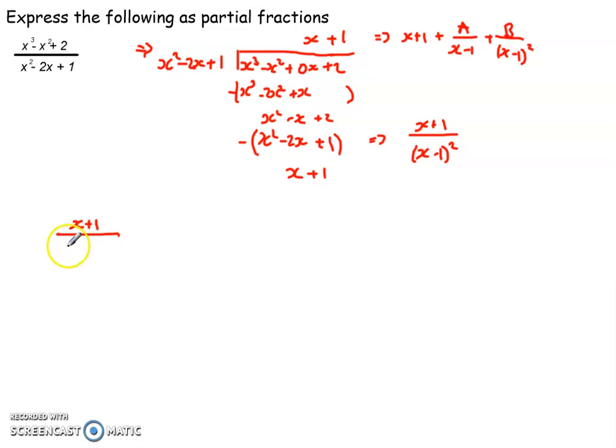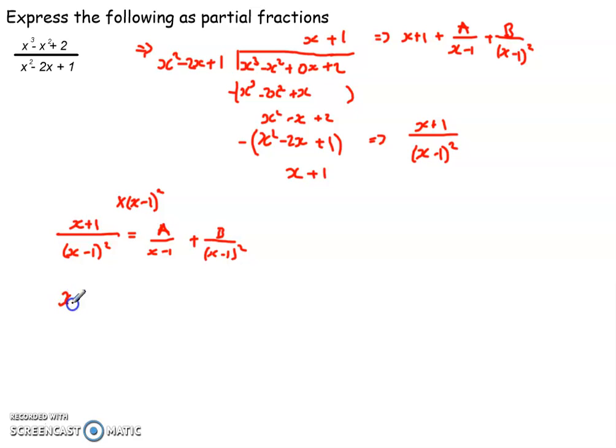So I've got x plus 1 over x minus 1 all squared equals a over x minus 1 plus b over x minus 1 squared. Again, I want rid of the denominator, so what I'm going to do is multiply the entire thing through by x minus 1 squared.